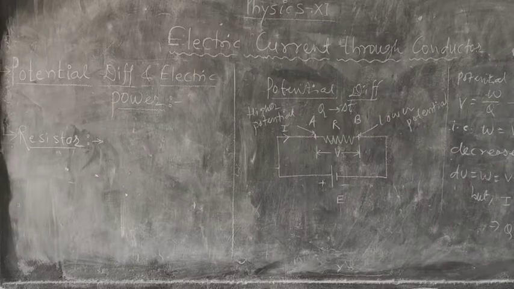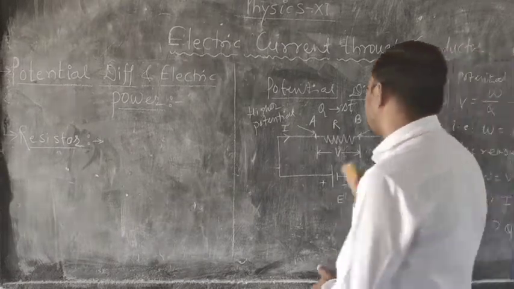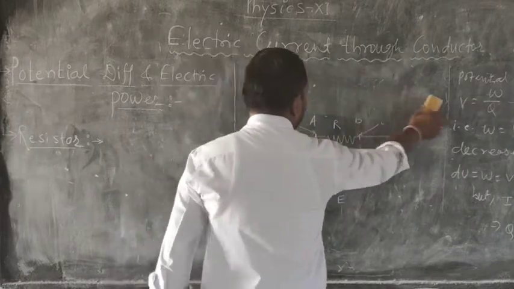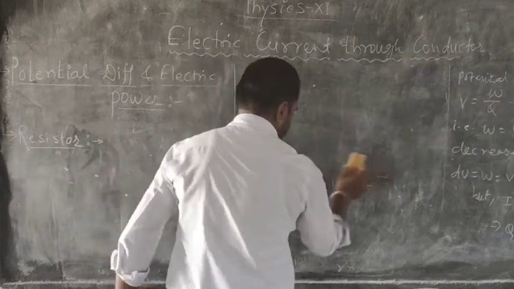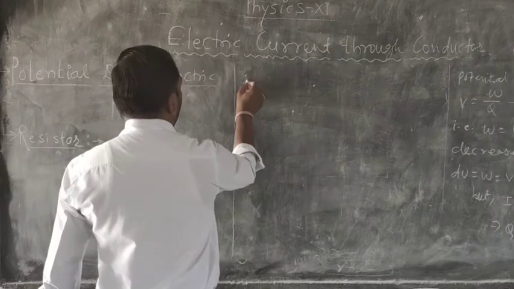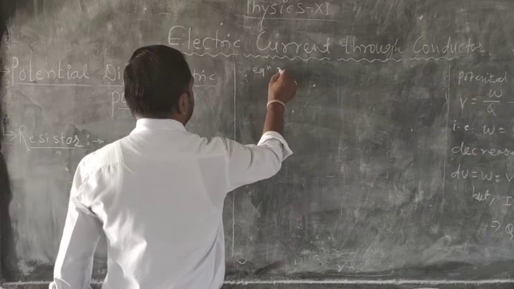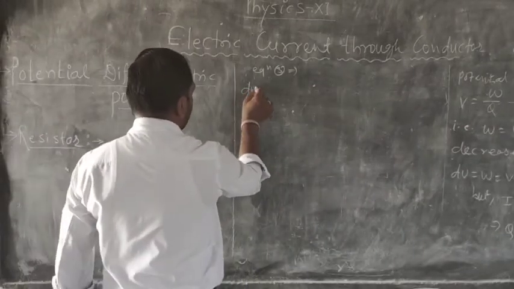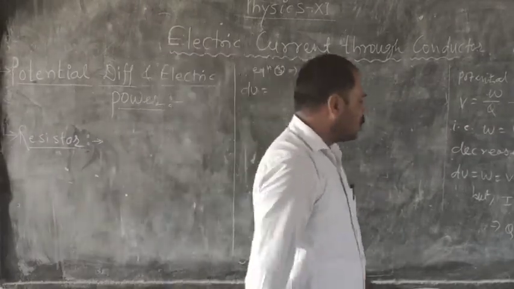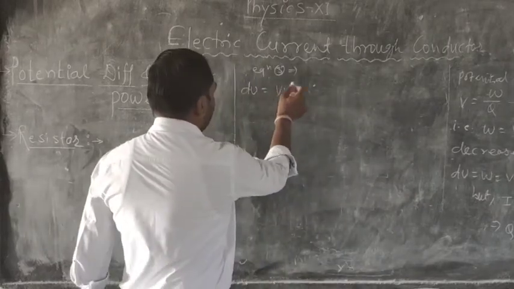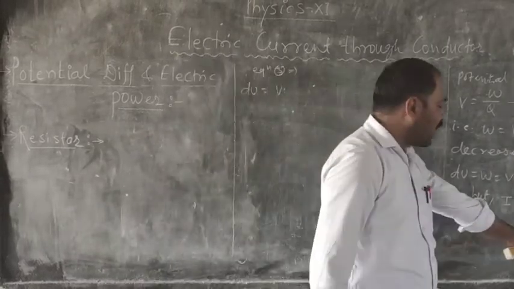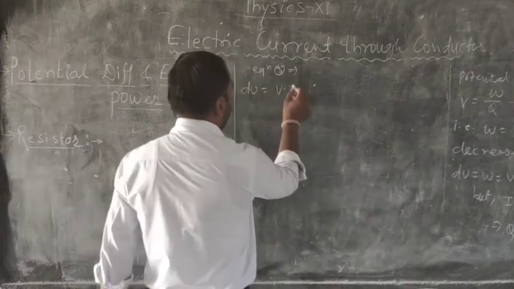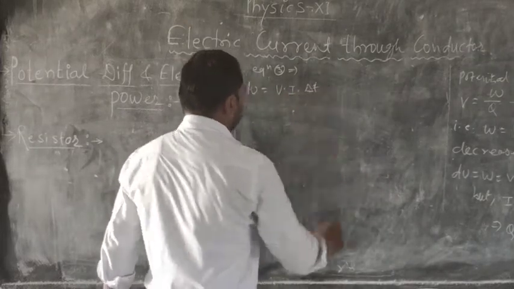So putting the value of Q is equal to I into delta T in your equation number 3, therefore dU is equal to V into Q. But V का वैल्यू as it is, Q का वैल्यू I into delta T. Therefore V into I into delta T.